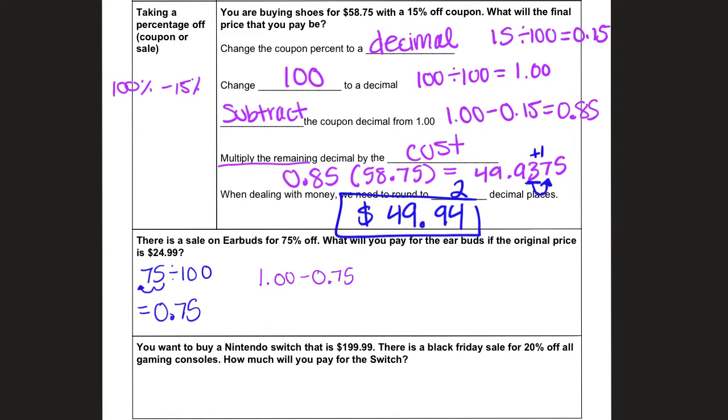So if I have 75% off, I'm left with 25% of the cost. And then I'm going to multiply that times my cost.